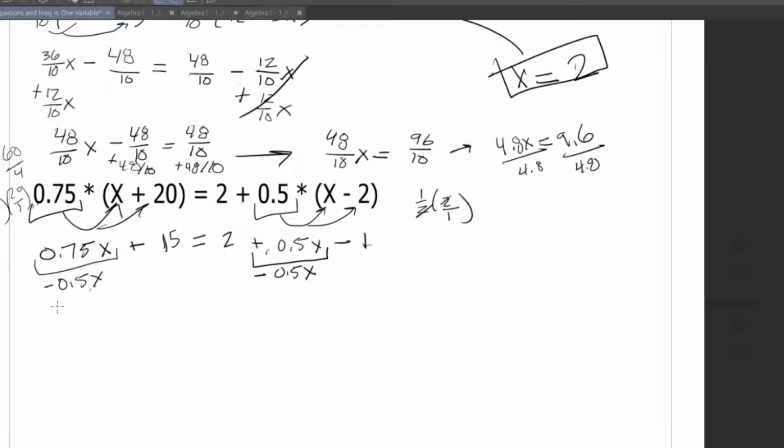So that will give us 0.25x plus 15 equals 2 minus 1, which is the same as 1, right? And that's 0.25x plus 15 equals 1.